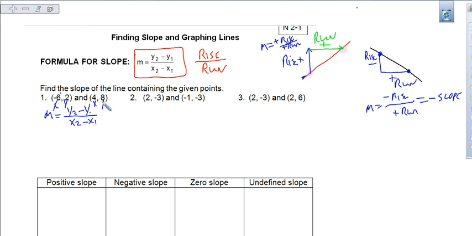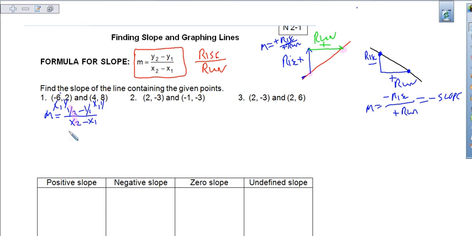So we have an x and a y coordinate, and they gave us 2 of these. And just look at the relationship in the formula. Your y2, if you use that first to subtract, then you have to use the x2 on the bottom. So as long as you keep that straight and take care of your positives and negatives, you should be okay.